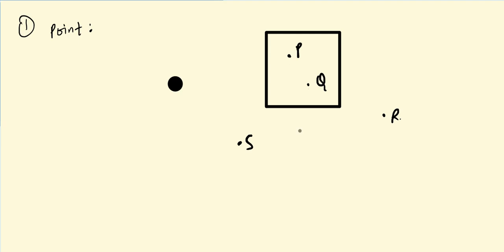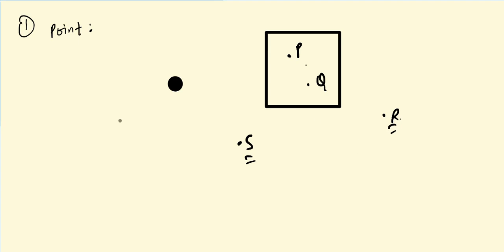In general, it is denoted by a capital letter. That's why I have written here P, Q, R, S. So you are having points P and Q, which are inside a square. So these are interior points, and points S and R, exterior points.